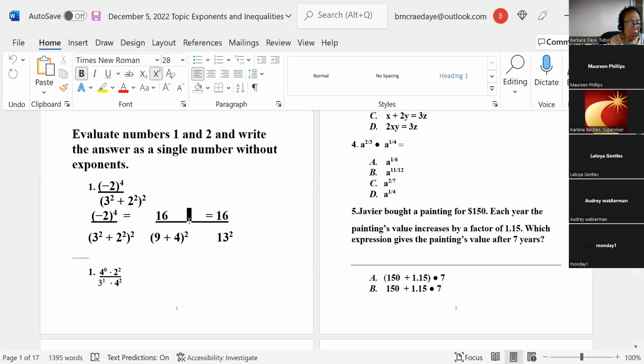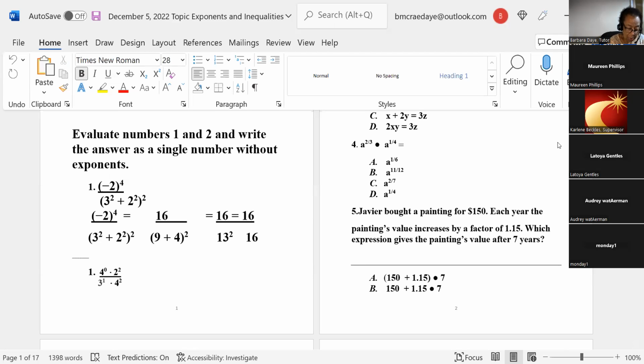So let's just take out this. And 16, that's just equal to 16, right? So this is equal to 16. And 13 to the second power was what, Audrey? 169. Perfect.